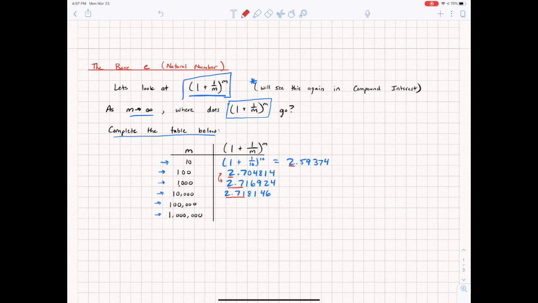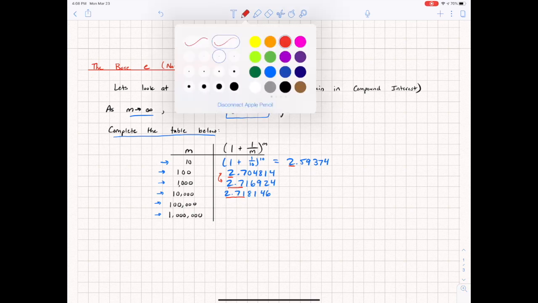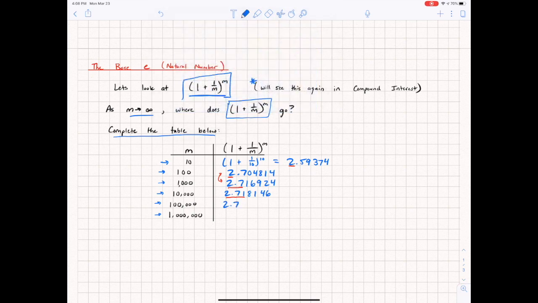So I'm going to do 100,000 now. So 1 plus 1 over 100,000. I get 2.718268. And again, comparing previously, 2.718 seems to be fixed in place now.